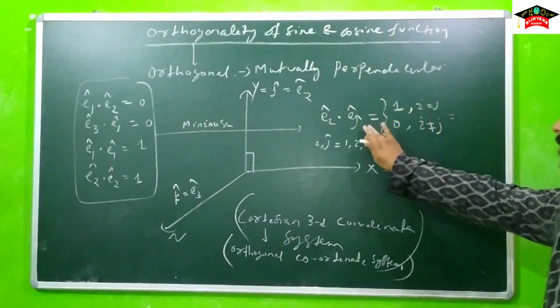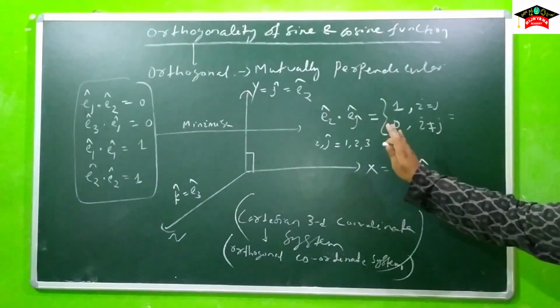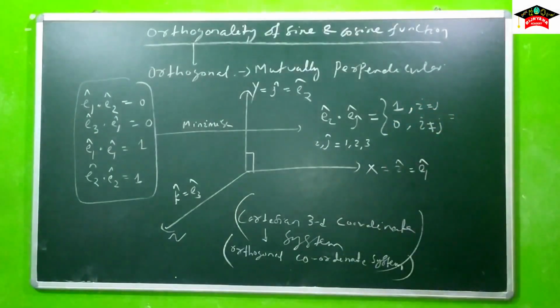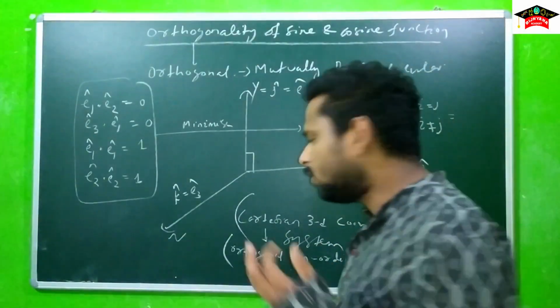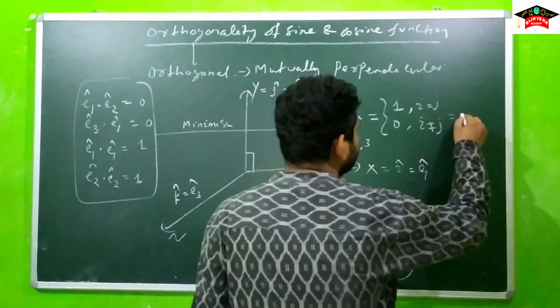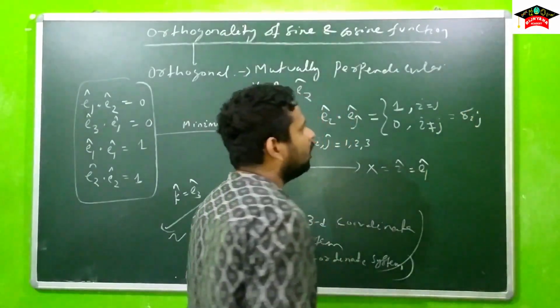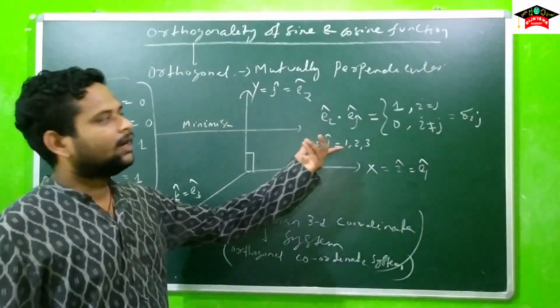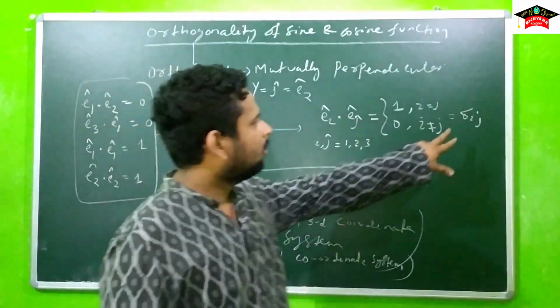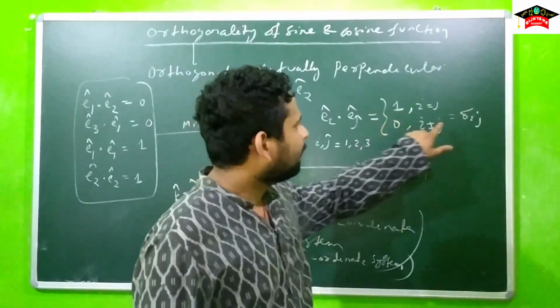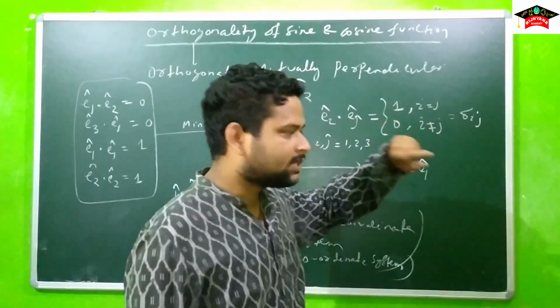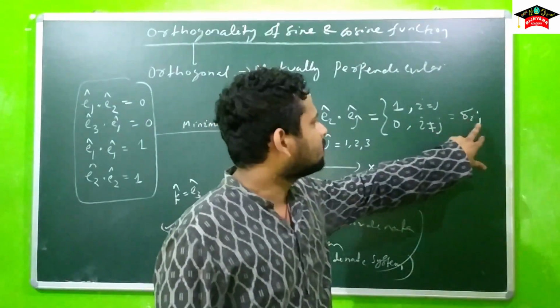So this is the condition for orthogonality. And we can again minimize it to another simple term, which is called delta ij. You already know what the delta function is. The delta function gives the value 1 when i equals j and gives the value 0 when i is not equal to j.